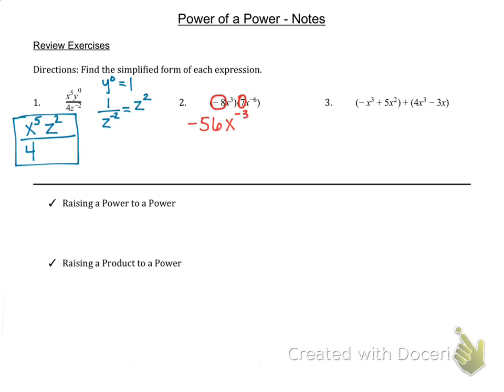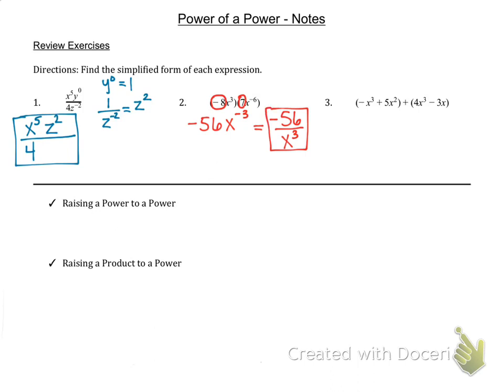And since x has a negative exponent, I'm going to rewrite that with a positive exponent. So I'm going to have negative 56 at the top of the fraction. I'm going to take the reciprocal of that power, and then I'm going to have x cubed at the bottom of the fraction. And there is our final answer.